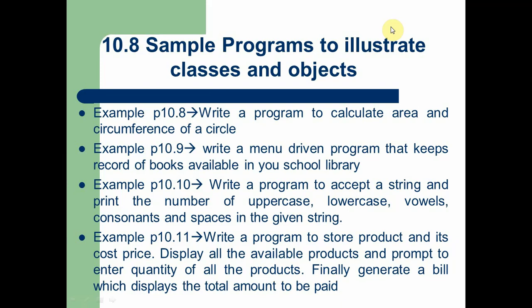So here what we want to do is create a program where we accept the products and their cost prices. After that, display all the product names and cost prices, and accept the required number of quantities, and based upon the quantity requirement we want to generate a bill.